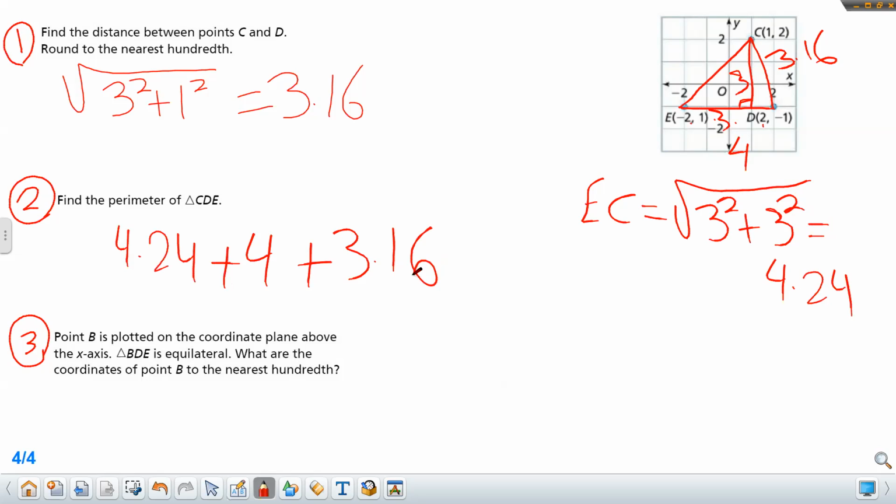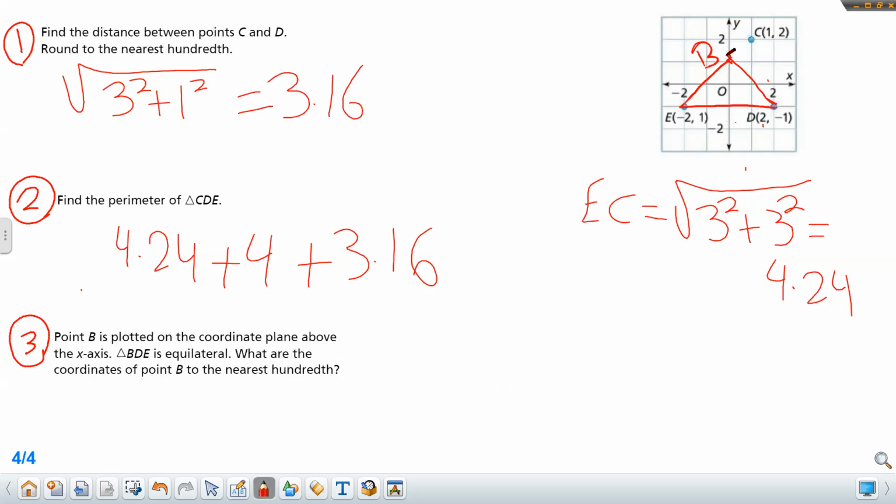Number 3: point B is plotted on the coordinate plane above the x-axis, as triangle BDE is equilateral. So B maybe here, for example. So I have an equilateral triangle BDE.